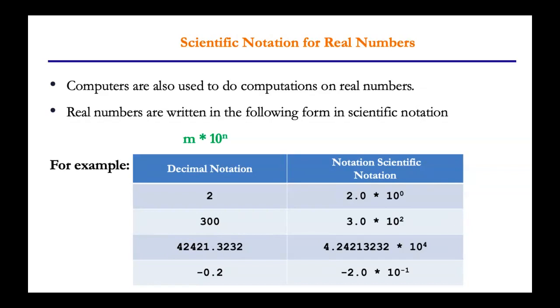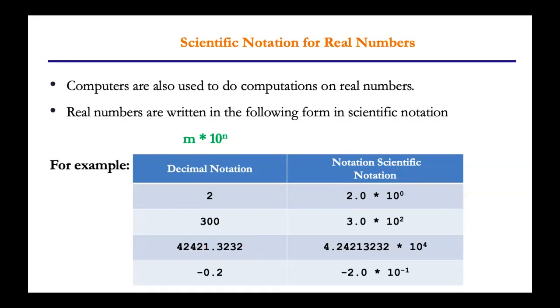So here we can see, when this dot is positioned here, it is crossing 1, 2, 3, 4. So you can write 4 point something into 10 to the power of 4. This is very important. This dot is moved 4 positions, and that is multiplied as 10 to the power of 4. So that gives your 4.24213232 multiplied with 10 to the power of 4.